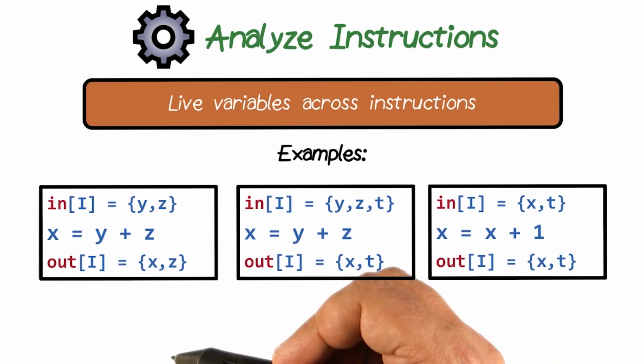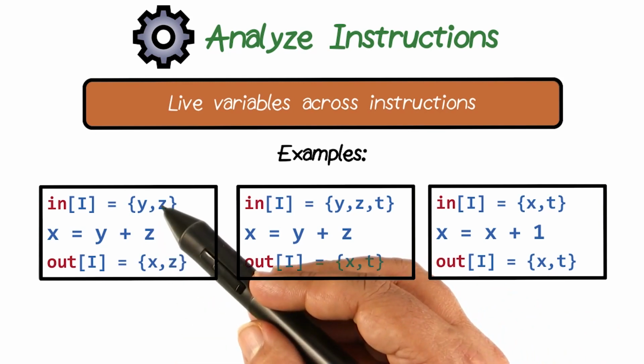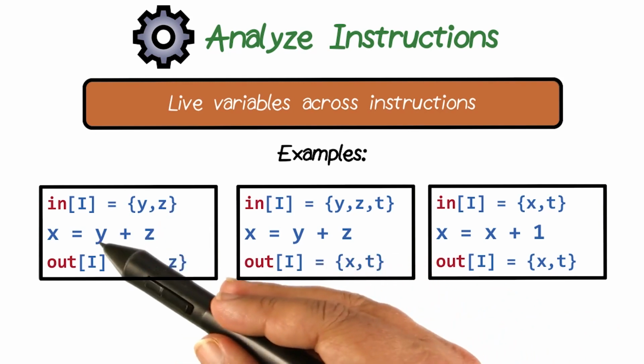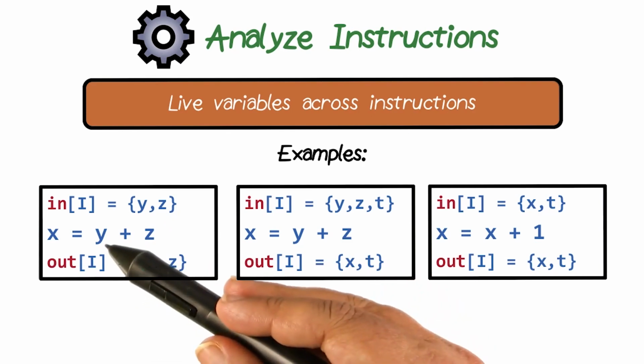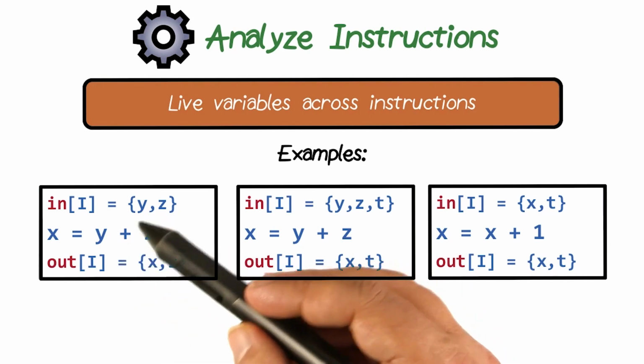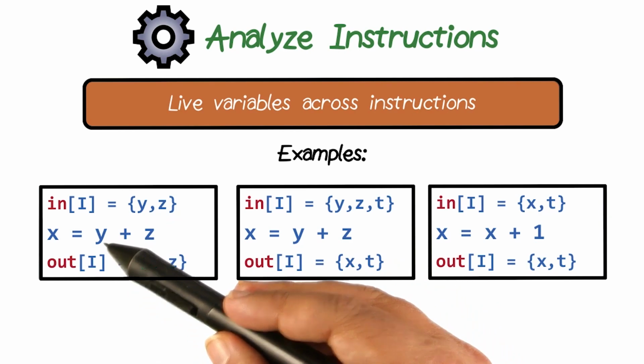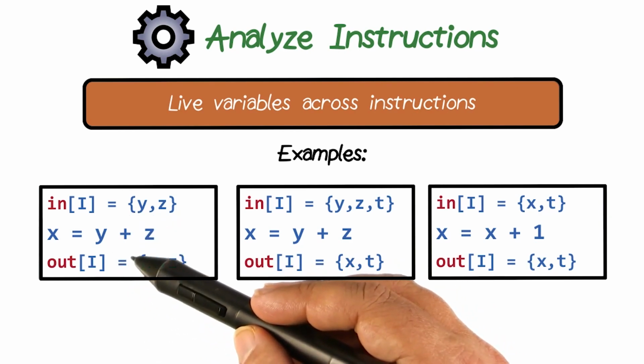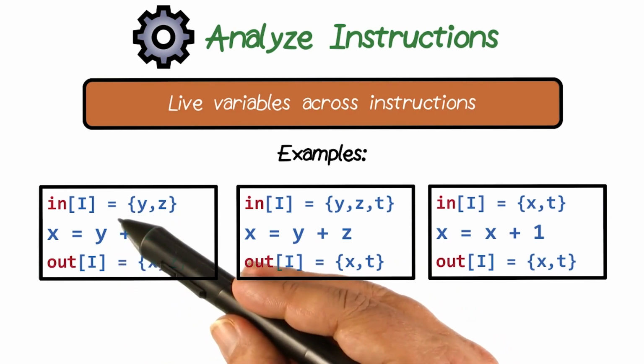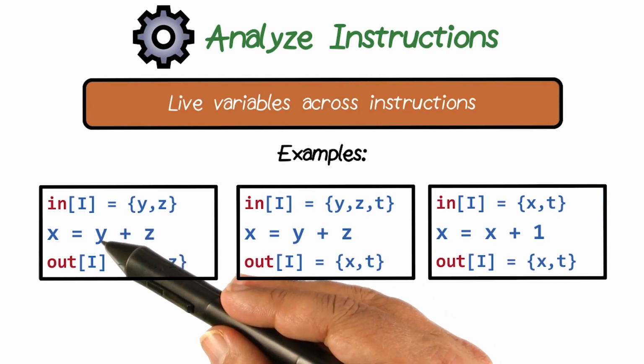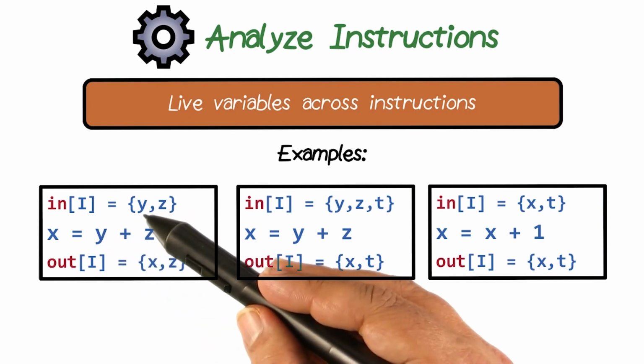However, something which was live here might continue to be live up there, and in addition, something which was not live here, such as y, could become live here because there is a use of y now, and there was no use of y down from here. But if you go here, you can see that there is a use of y down from here, and therefore y does become live here.